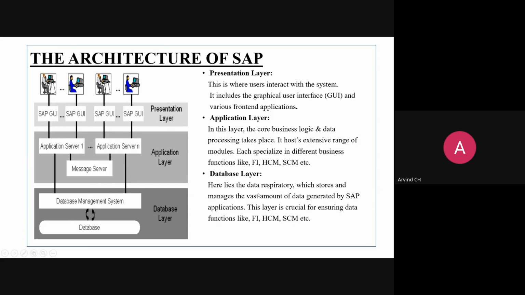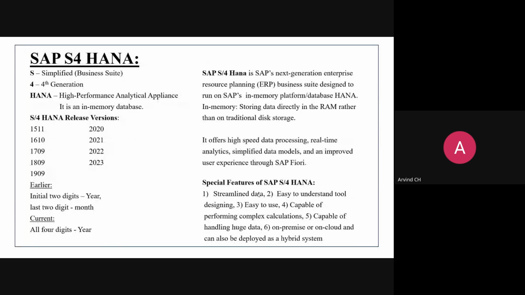This is about the architecture of SAP. Let us come to SAP S4HANA. What is SAP S4HANA? Before explaining that, ECC is the Enterprise Central Component. What is the long form of ECC?